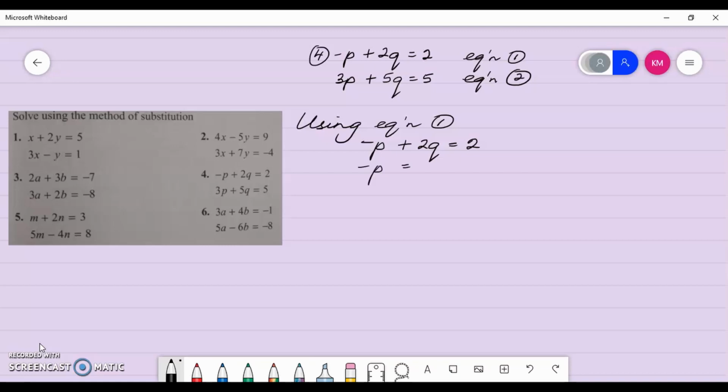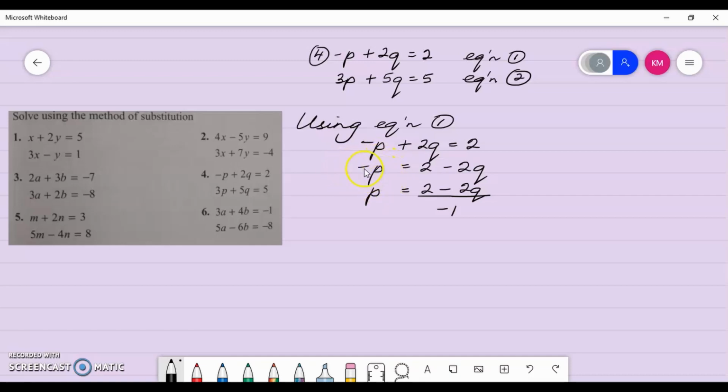So that's negative p is equal to 2 take away 2q. Remember, it's p I want, not negative p. So p is going to be equal to 2 take away 2q divided by negative 1. Remember, negative p is the same as negative 1p, and that negative 1 is being multiplied by that p.